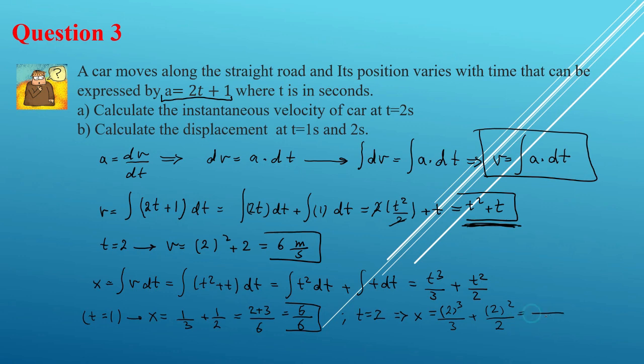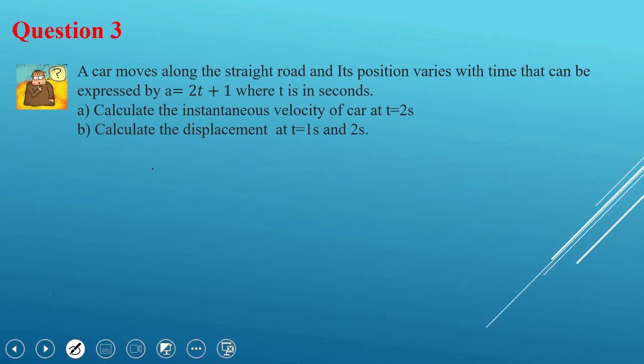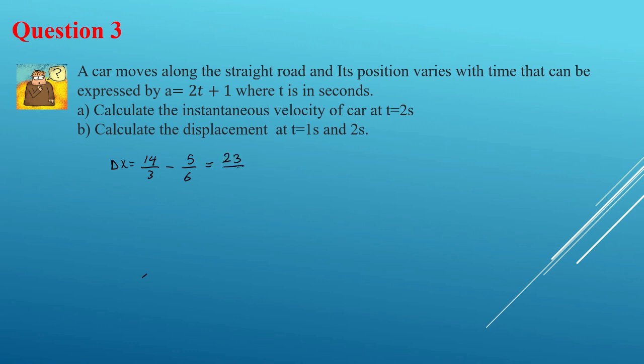The answer is going to be 14 over 3. Then the displacement is going to be 14 over 3 minus 5 over 6, which is equal to 23 over 6 meters. And this is going to be my final answer.